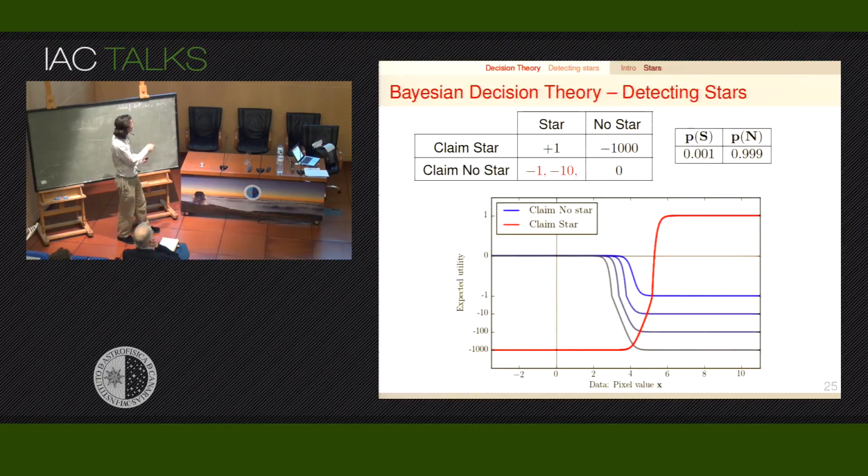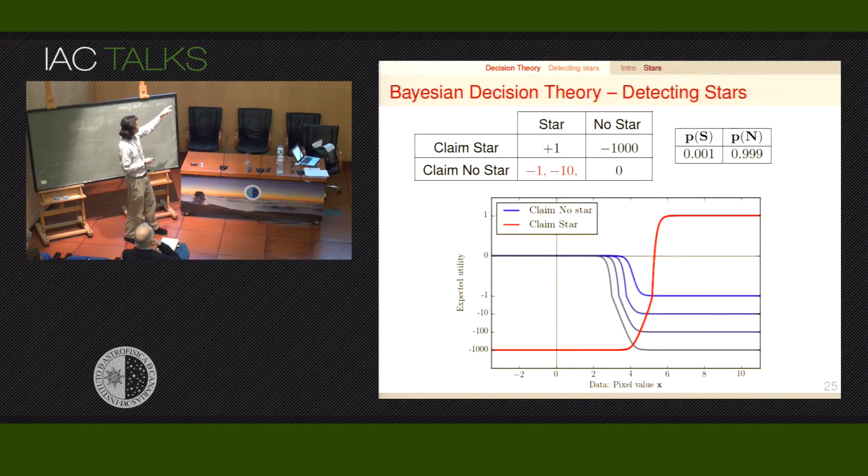So if you adjusted, say you said it's actually much worse to miss a star than I wrote down, then as you increase the cost of missing something, that shifts this curve down. Oh yeah, the other thing I forgot to say is you should do the action that has the highest utility. So you should claim no star up until this point, and then you should claim there is a star.